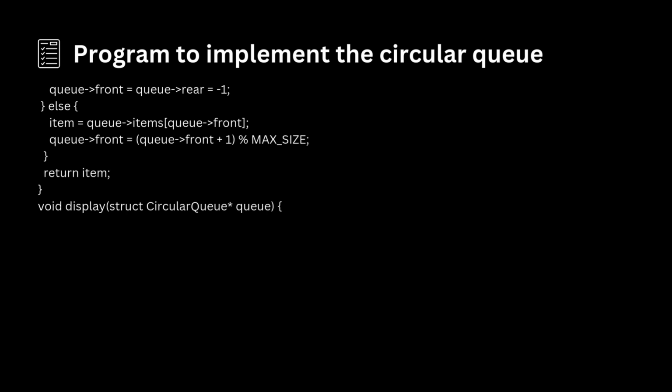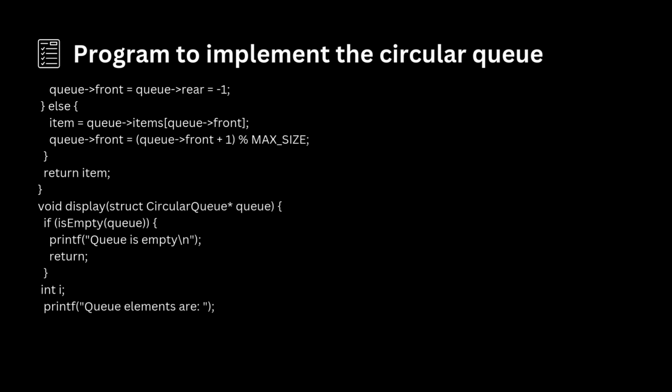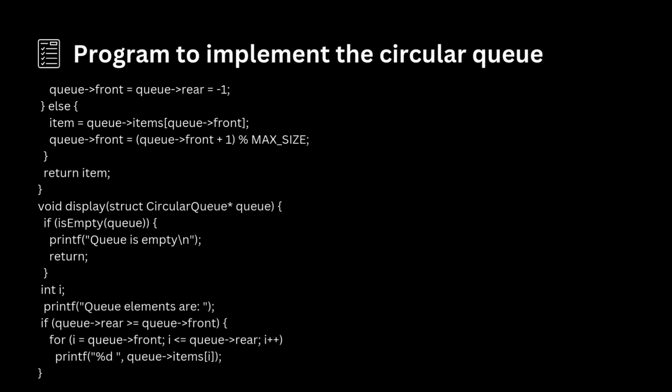Now write a function to display the elements of the queue. It first checks if the queue is empty by using the function isEmpty. If the queue is empty, it prints a message and returns without displaying any elements. If the queue is not empty, it iterates through the elements of the queue and prints them. If the rear of the queue is greater than the front of the queue, it means that the elements of the queue are contiguous in memory and can be printed in a single loop.